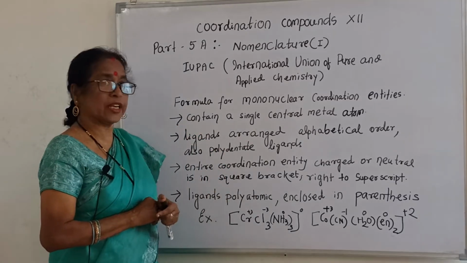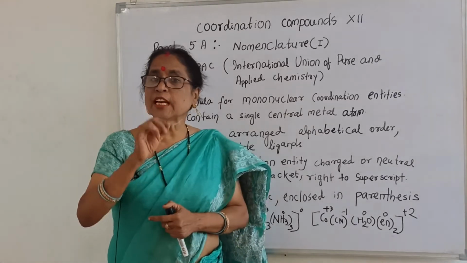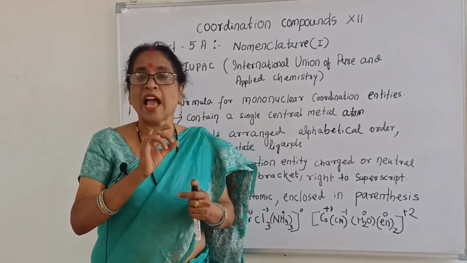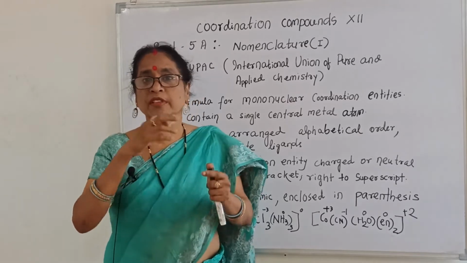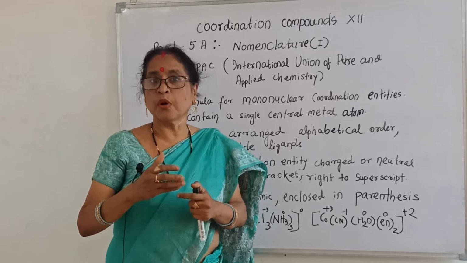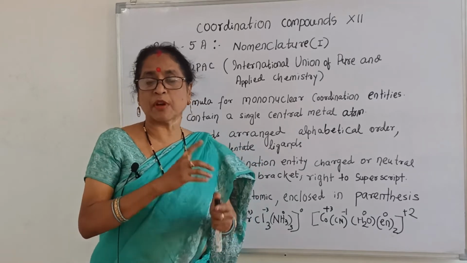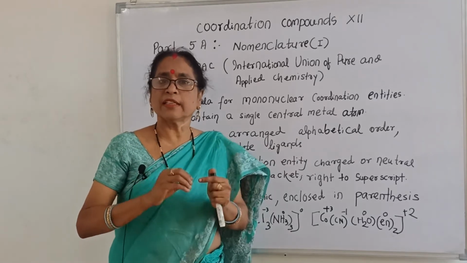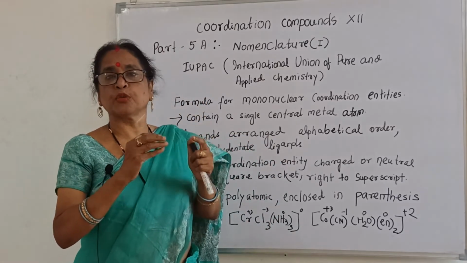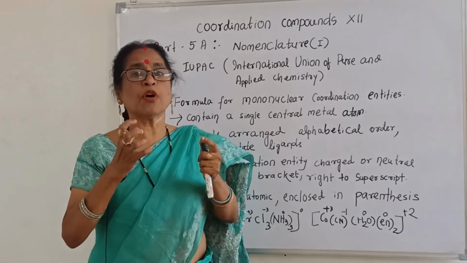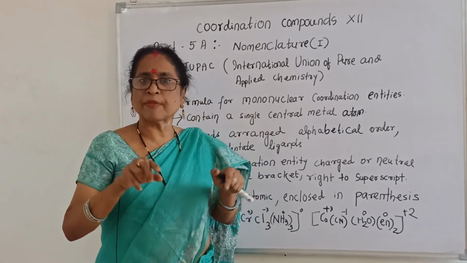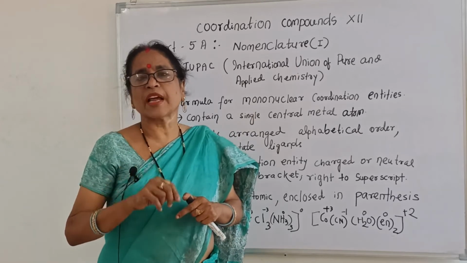If a ligand is polyatomic, like NH3, which consists of nitrogen and hydrogen, hydrogen 3 times, or water, H2O, with hydrogen 2 times and oxygen 1, these are called polyatomic. Cl minus is not polyatomic. Suppose I want to write 4 molecules of H2O. You write H2O within parenthesis, and after that you write 4.